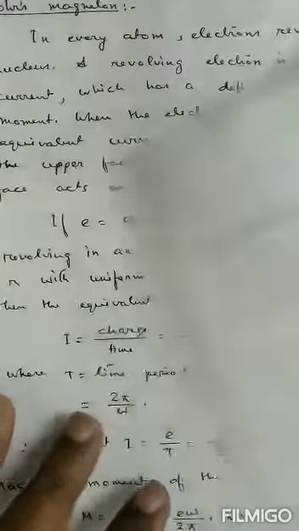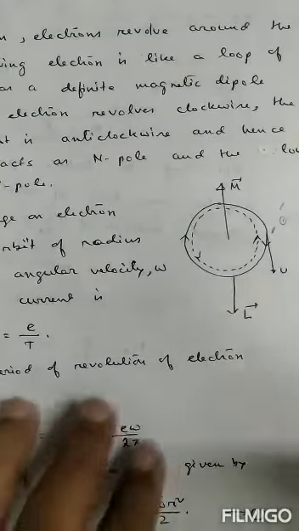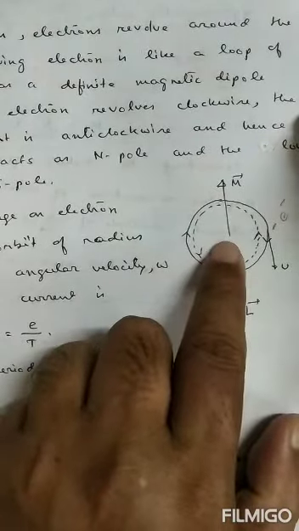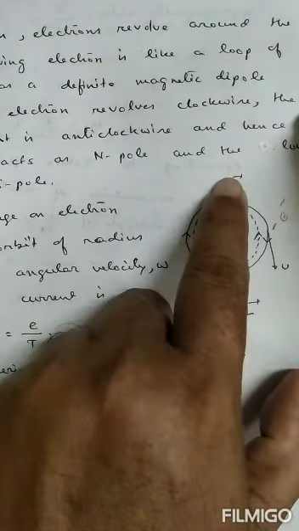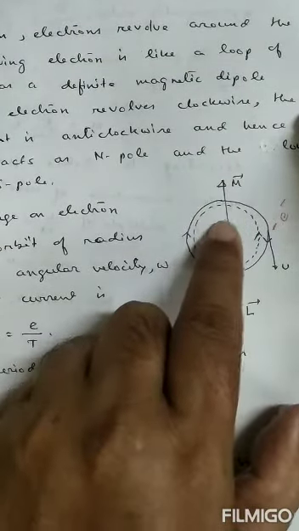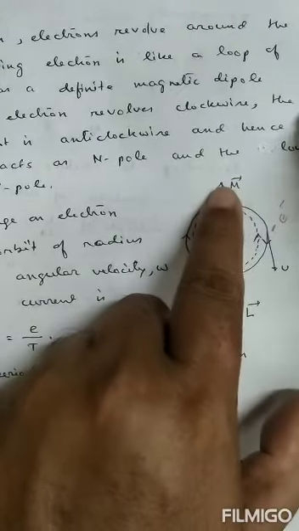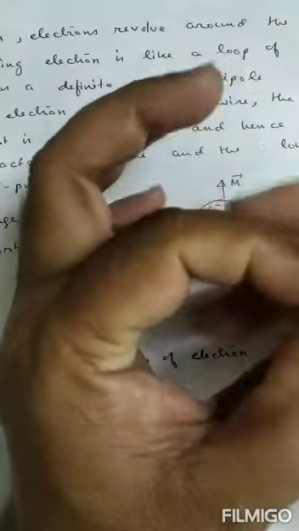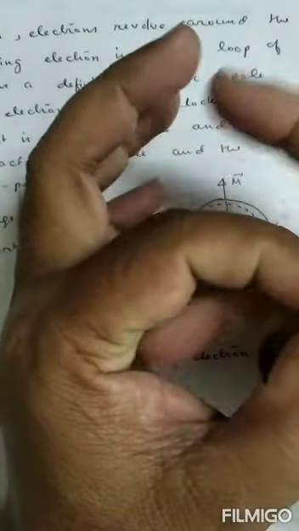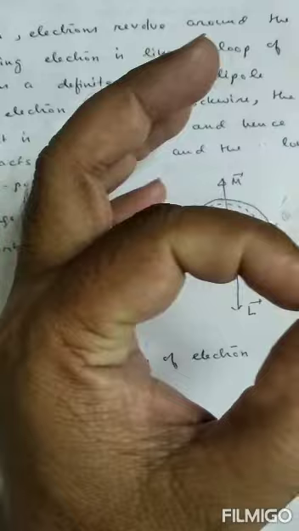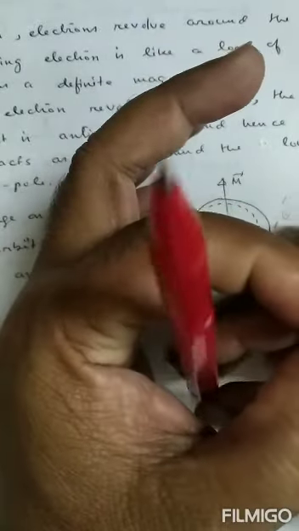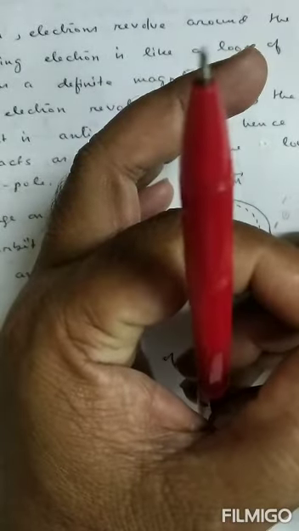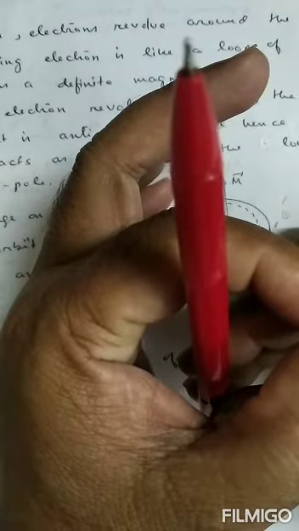So what is the direction of magnetic dipole moment? It is perpendicular to the plane of paper in the outward direction. Why outward? Because this face acts as north pole and the opposite face acts as magnetic south pole. The direction of magnetic dipole moment is from magnetic south to magnetic north inside the magnet.